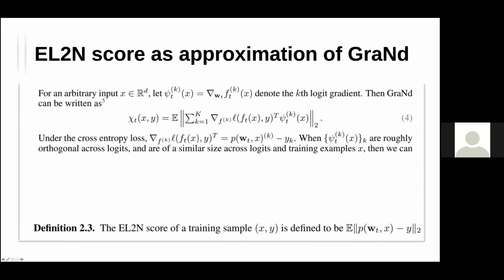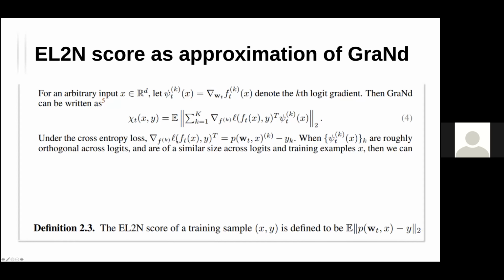The first term, the gradient of the loss with respect to the logit layer, can be simplified as this: the logit outputs minus the label.